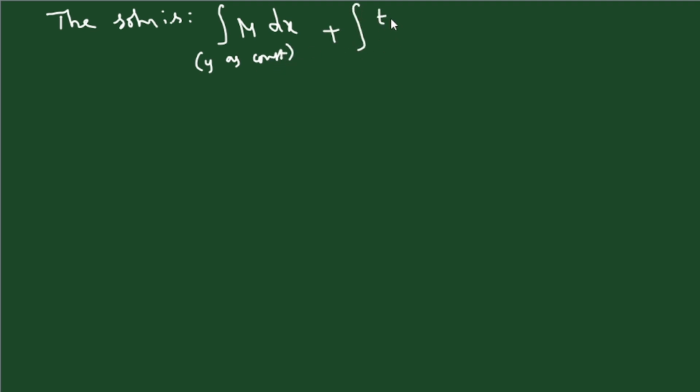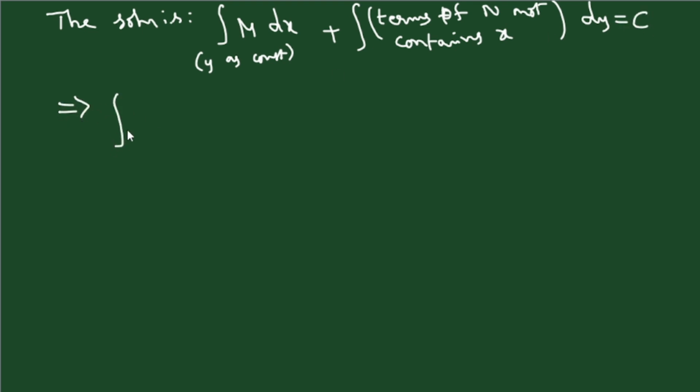The solution is of the form integral m dx, here keeping y as constant throughout this integral, plus integral of terms of n not containing x, dy equal to c.